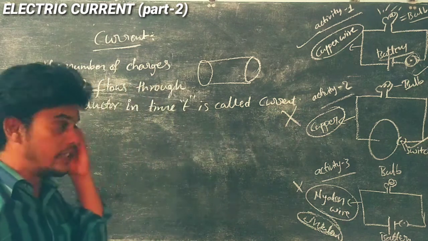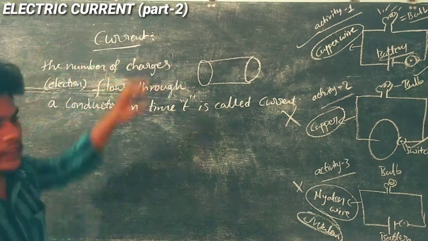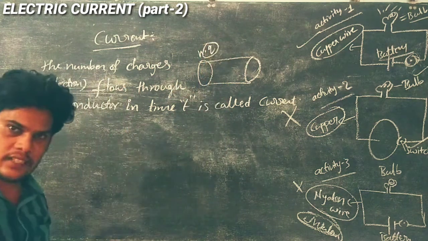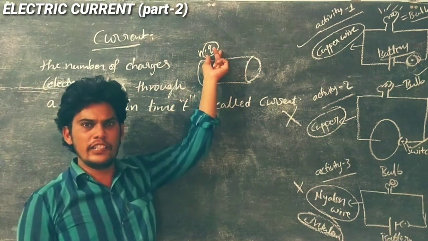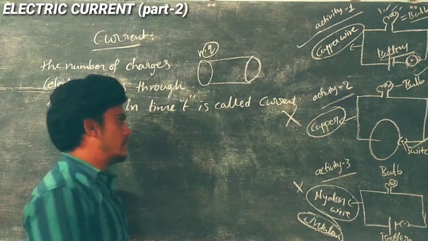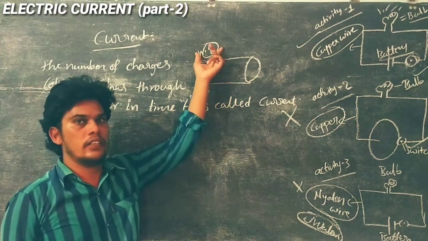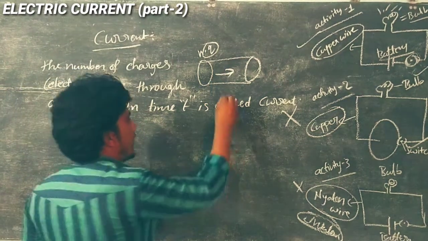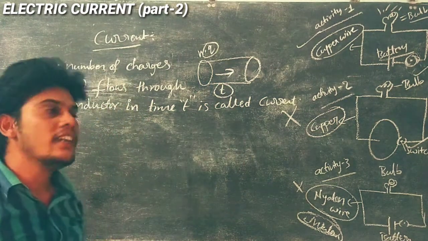It is a very simple definition. Look here: current is the number of the charges. Charge is denoted with a Q. So the number of charges that flow through a conductor in time t is called current.